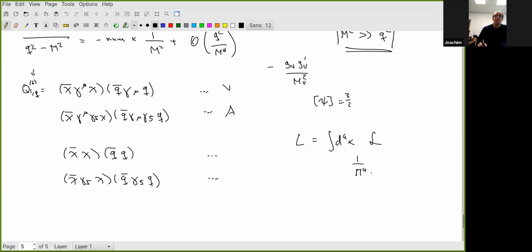So this thing goes like 1 over m to the 4 from the integration. So there's a mismatch between the 6 and the 4. You need another inverse square of a mass, and that's this one. So it means that for a dimension 6 operator, as we call this, the coupling has to come with 1 over m squared. And we saw this explicitly. That's just the heavy mediator that we integrated out, as we say.